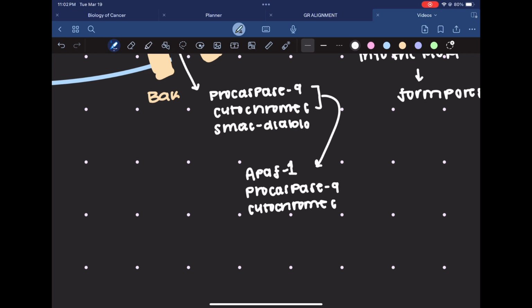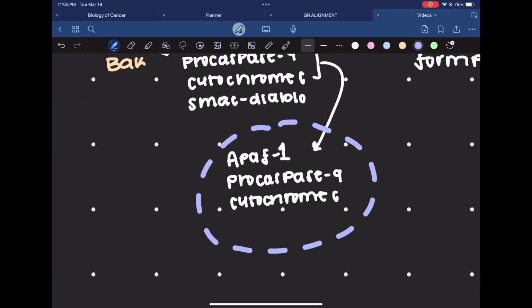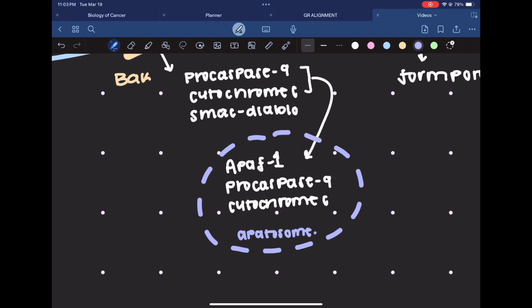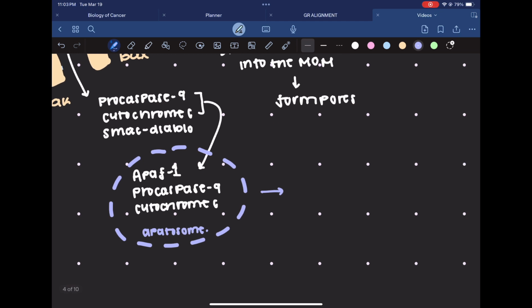We have APAF1, procaspase 9, and cytochrome C, and these come together to form something called an apoptosome, which is the term for the interaction of these 3 proteins. We're not going to go into detail about the apoptosome other than to say that the product of this apoptosome formation is going to be the production of an active caspase 9 protein.